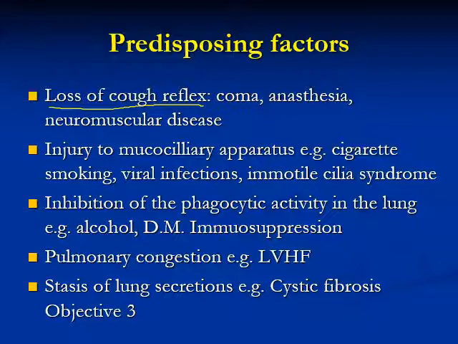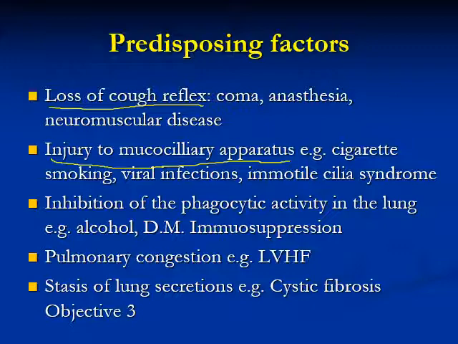The second is injury to the mucociliary apparatus. As you know, the epithelium lining the respiratory tract is the columnar epithelium, and it contains cilia, which move and expel the microorganisms and other foreign bodies.